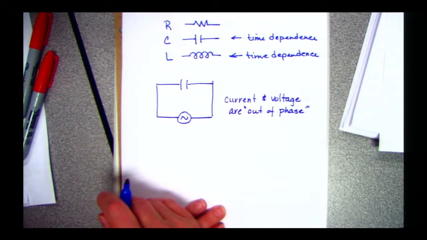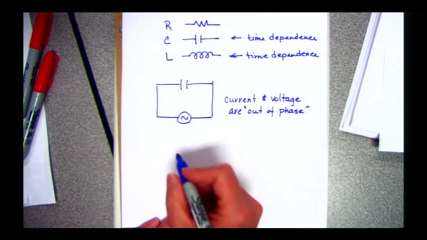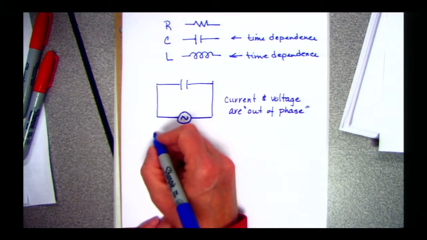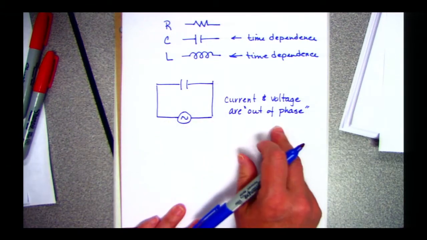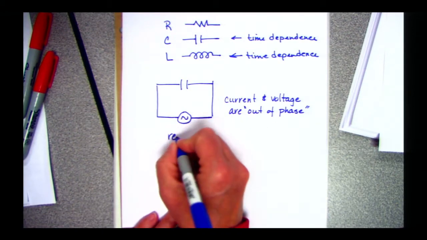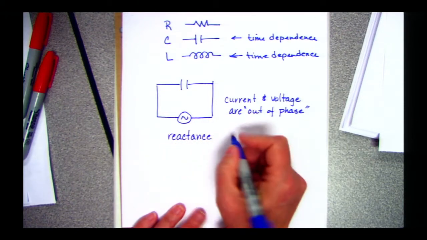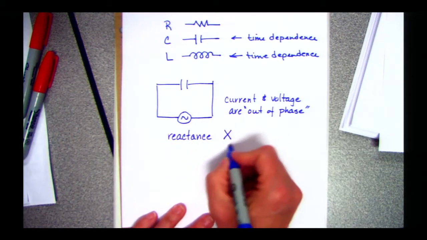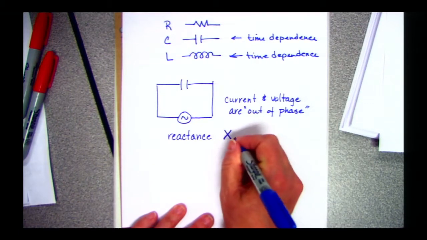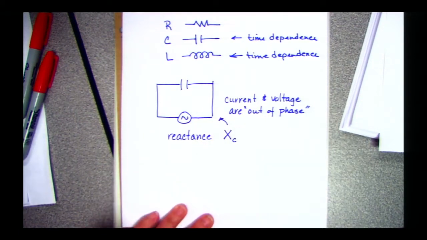It's going to lag. So what we need to do in order to understand how these currents work is we need something to account for the delay. And we're going to define something called reactance. We're going to give it an X, and we're going to put a little C here because this is going to be the reactance associated with a capacitor.